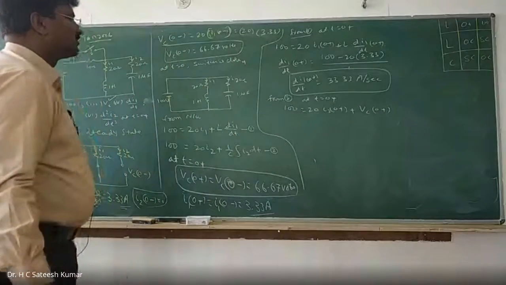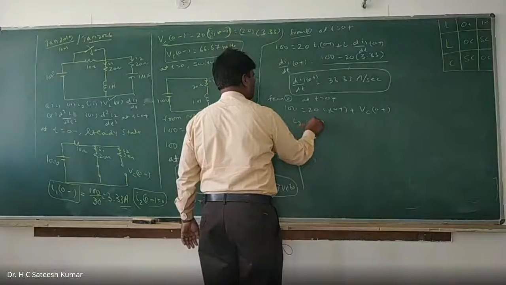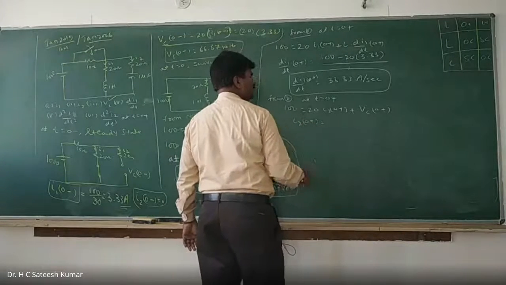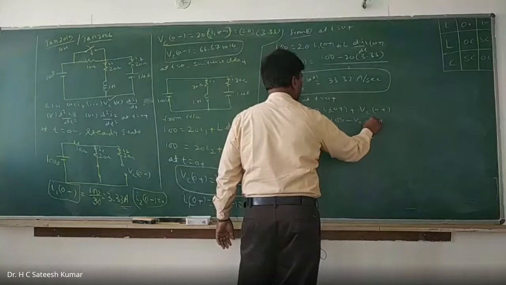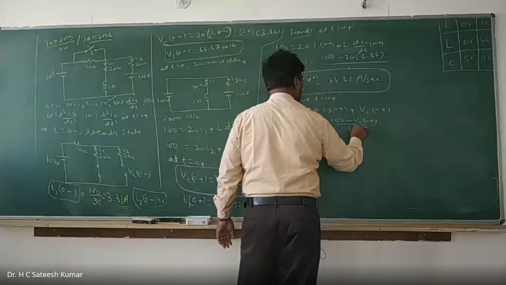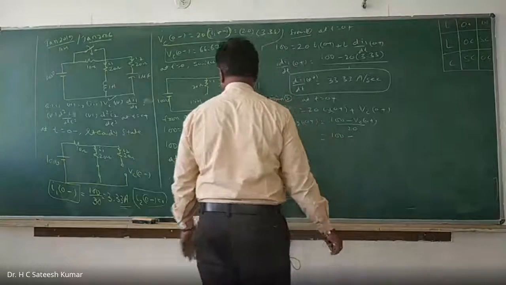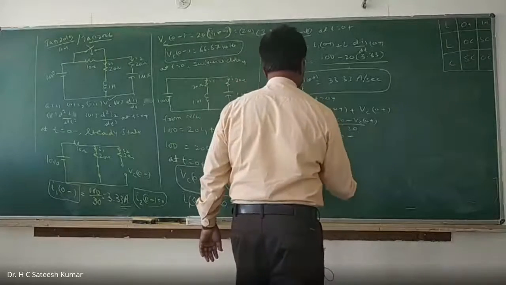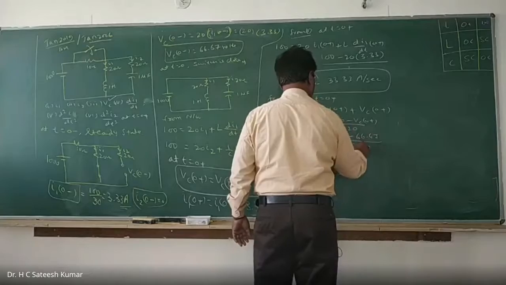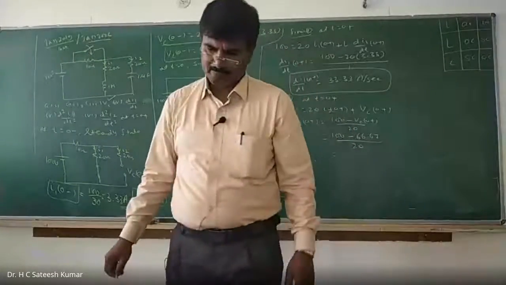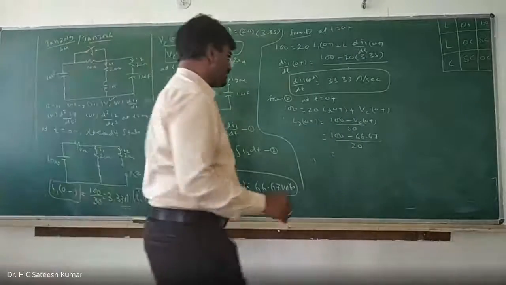Therefore, I2(0+) is equal to 100 minus Vc(0+), divided by 20. Vc(0+) is 66.67, divided by 20. How much is that? 1.667.